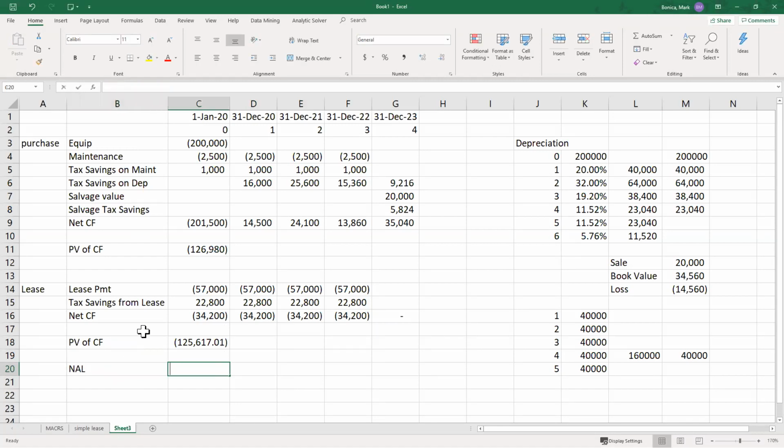Now, net advantage to leasing is equal to the present value of the cost of leasing minus the present value of the purchasing option. And we have a positive now of 1,362. And you could just eyeball that and see, okay, it's cheaper to lease than it is to buy, right? Because this is a pure expense, so we want to have a lower number.